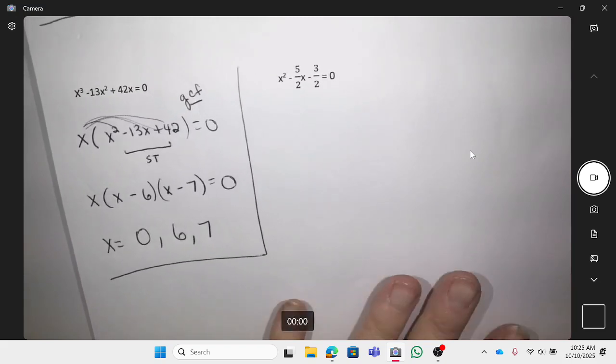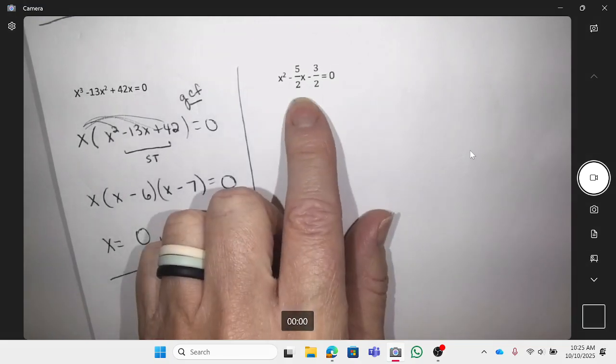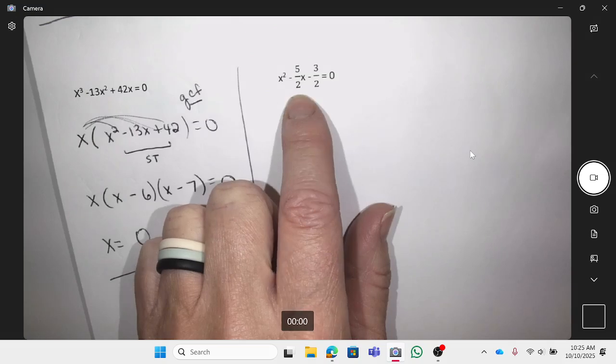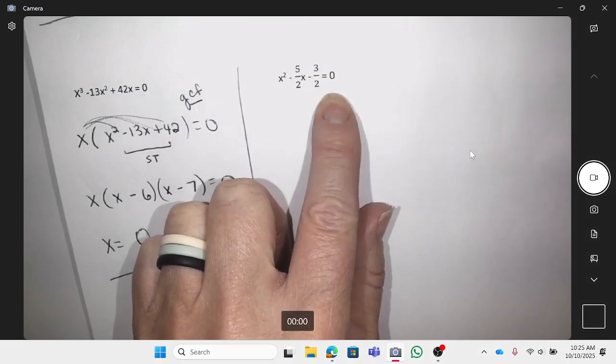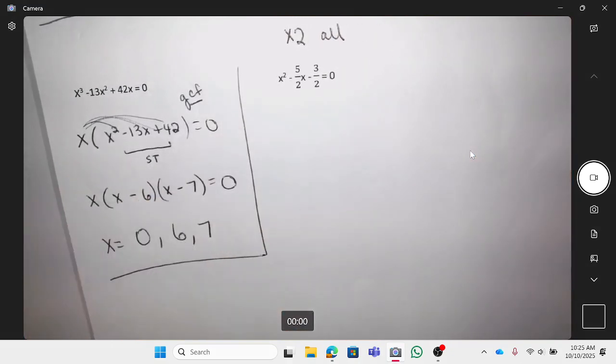All right, last question. Again, I just don't like this. What's the thing I probably don't like? Fractions. This one has a fraction with a divide by 2 in it. So I could multiply everything by 2 to get rid of the thing I don't like.